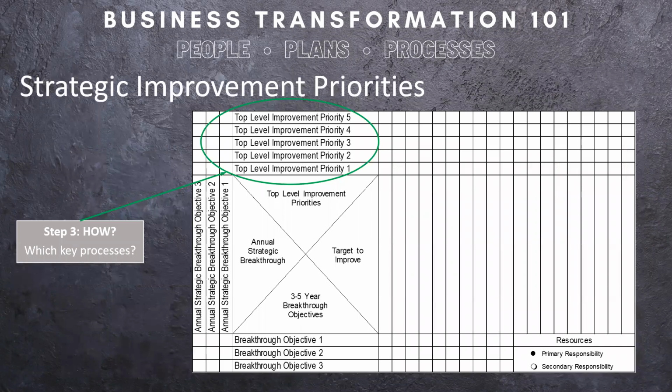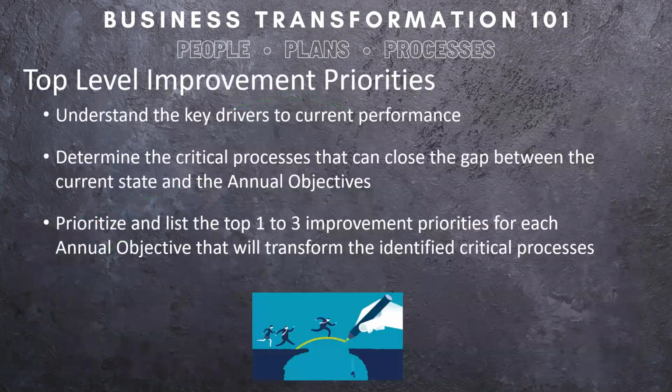Step 3 of the SD process is determining the improvement priorities implemented in year 1 that will support achievement of the annual breakthrough objectives. The team must identify the critical processes that will drive the business from the current state to the annual breakthrough objectives.